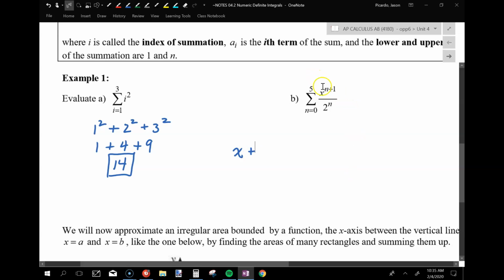If I plugged in 1, I would have x squared over 2. If I plugged in 2, I would have x cubed over 4. If I plugged in 3, yep. If I plugged in 4, and if I plugged in 5.